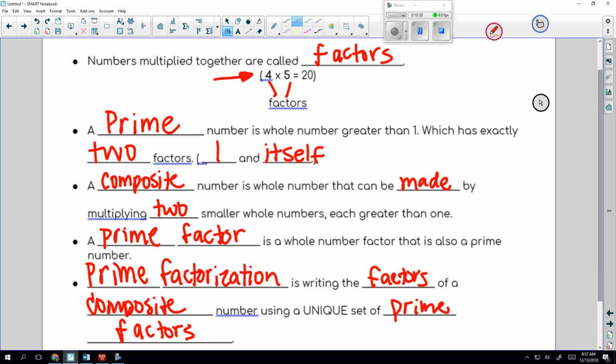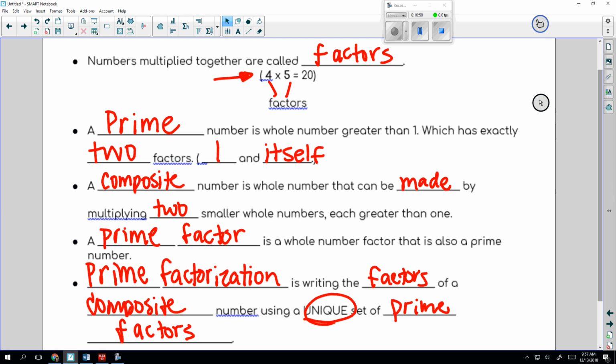Okay? The key thing is right here, it's unique. Every composite number has a unique set of prime factors. And that's what we're going to learn about today. Okay? Questions about that? So you might need to pause the video here to let everyone catch up if they need it.